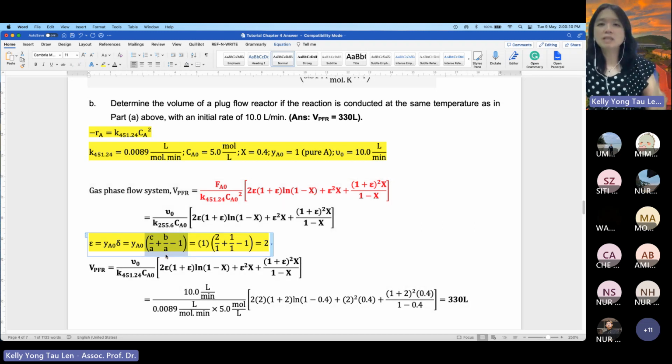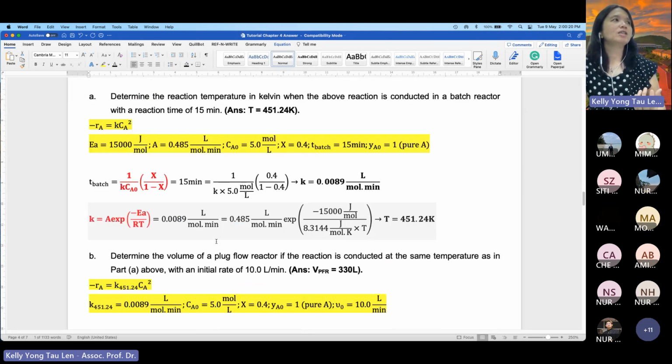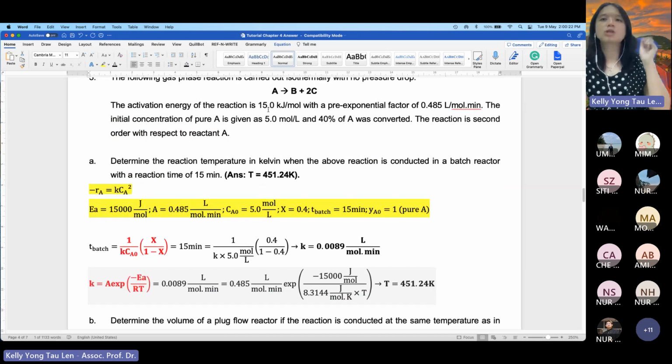So it will be positive stoichiometric coefficient ratio for product and negative for the stoichiometric coefficient ratio of reactant. In our reaction is 1A produce 1B and 2C. So this part yang kamu kena berhati-hati. Kadang-kadang we might make the mistake because we don't realize the stoichiometric coefficient sekarang dah lain. 1A, 1B, 2C.